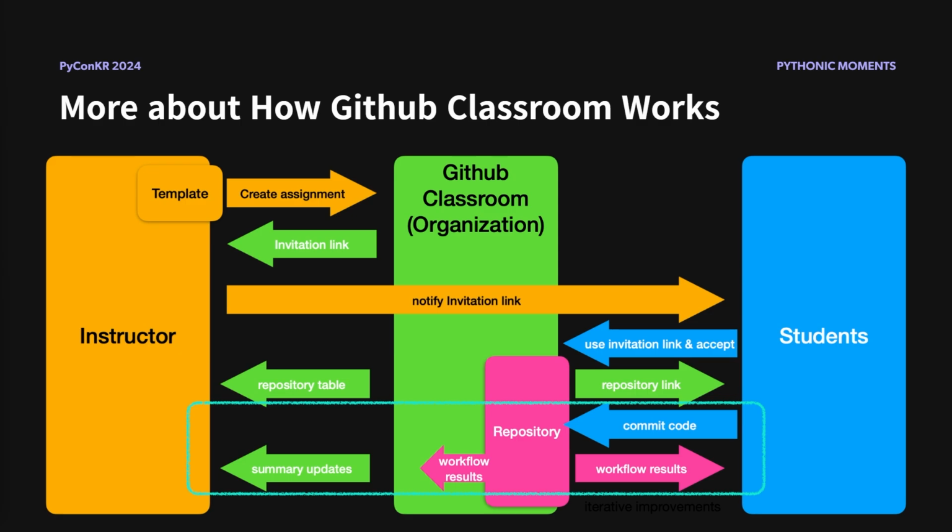Then, the very important step is the instructor distributing the invitation link to the students. And once the students get the invitation link, they can accept the assignment. Then what happens is, GitHub Classroom will make the repository within the GitHub organization for the section. And after the repository is created, of course, the students can have access to their individual repository links.